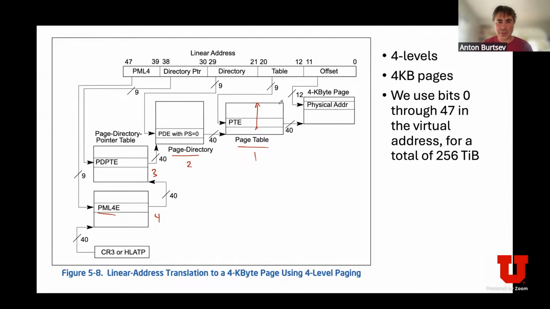Each individual level of a page table is still 4 kilobytes, like it was before, so it's 4096 bytes. However, now each of them contains a pointer to the next level. And this pointer used to be 20 bits because remember, it was 32-bit architecture. If you align each of these 4 kilobyte pages at a 4 kilobyte page boundary, the lowest 12 bits are always zeros, so you only need 20 bits to address the next level. In this example, instead of 20, you need 40.